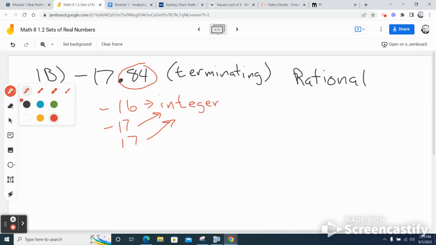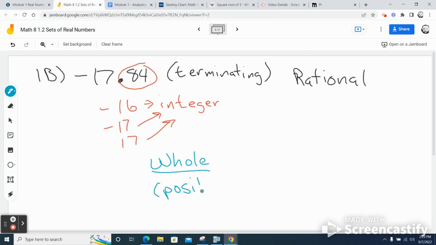What about whole number? Is it a whole number? No. It's not a whole number either, because whole numbers are what? They're integers, but which part of integers? They're positive numbers. This number is negative, so it can't be a whole number.